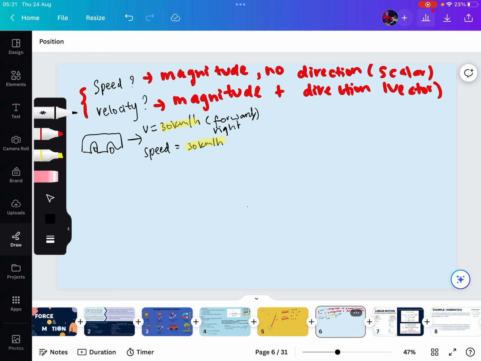And then what are speed and velocity in terms of magnitude? Speed is basically a change in position over time. For example, I'm using a similar example. This is your house, position A, and then you move to your girlfriend's house, B, in a straight line.